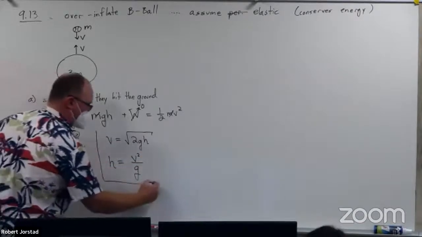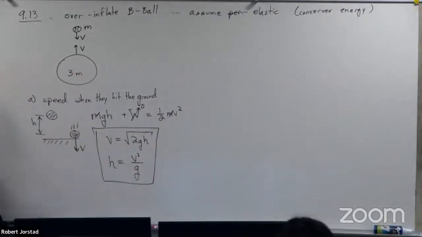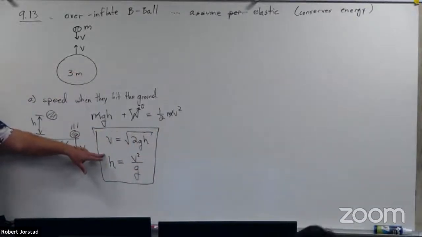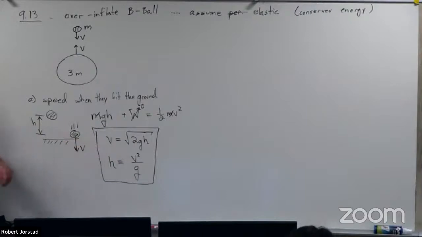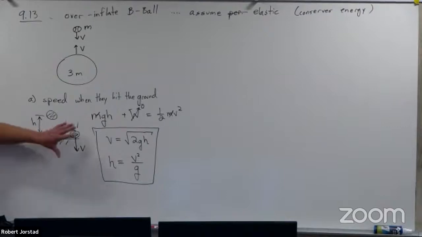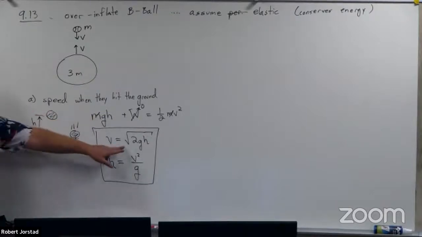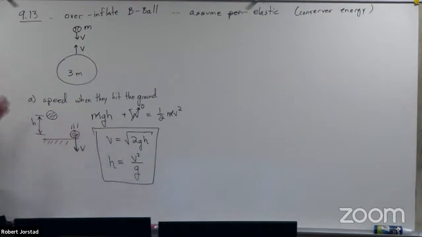I just want to keep that in mind. If we know what height we drop it from, we should be able to figure out the v. Likewise, if I know the speed, I should be able to figure out the height. Cool with that? This is not the main focus of the problem. If you want to understand this more, right after class, I'll explain it. But basically, just know that if you drop a ball from a height h, we expect its speed to be the square root of 2gh. Good.